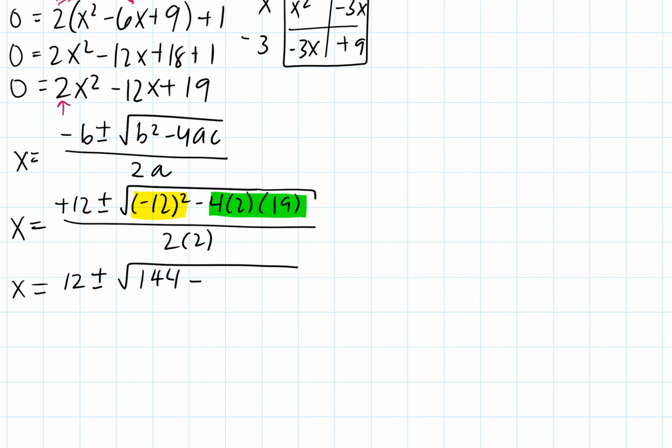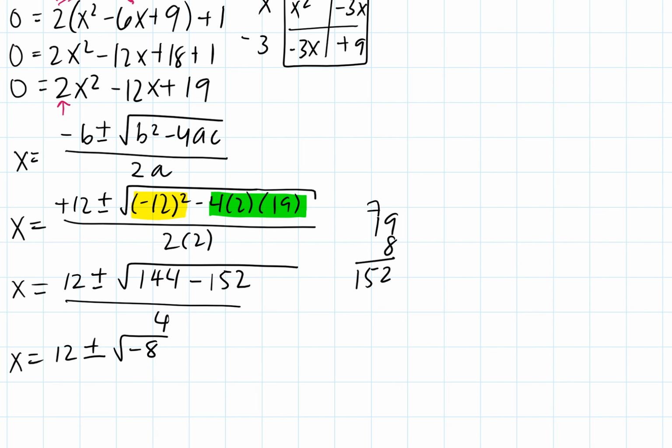Sorry, 19 times 8 is 152, all over 4. So x equals 12 plus or minus the square root of negative 8, all over 4.